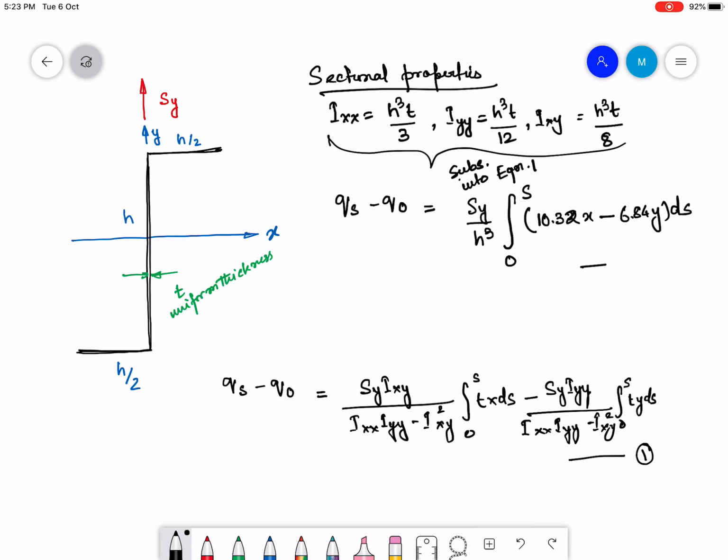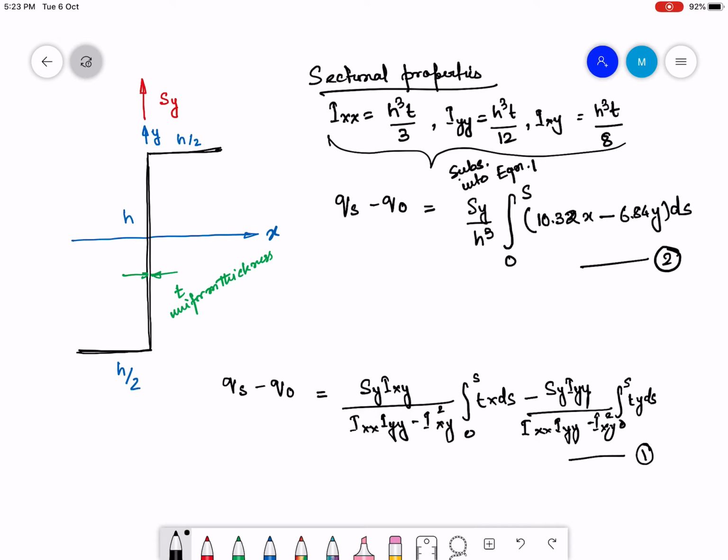Let me call this equation 2. Till this point it is pretty straightforward. You just plug numbers into an equation that we have already derived, so there is nothing to worry about.